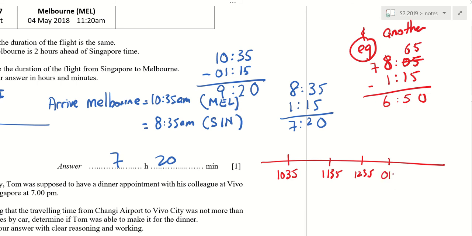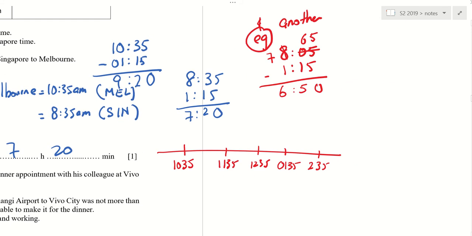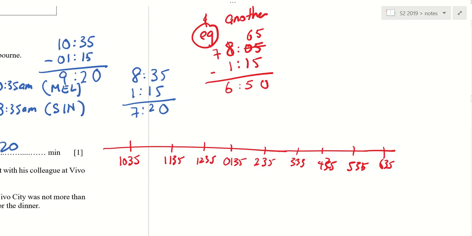So 1:35, 2:35, 3:35, 4:35, 5:35, 6:35, 7:35, 8:35. So 1 hour, 2 hour, 3 hour, 4 hour, 5 hour, 6 hour, 7 hour, 8 hour.